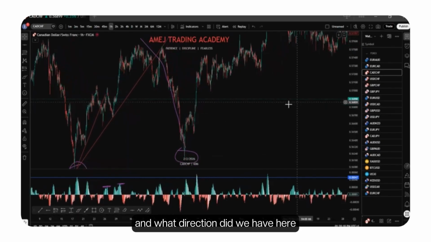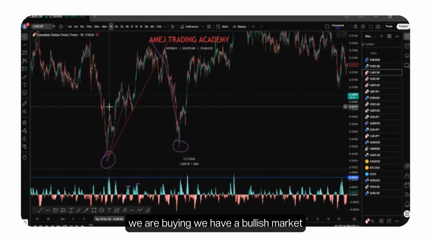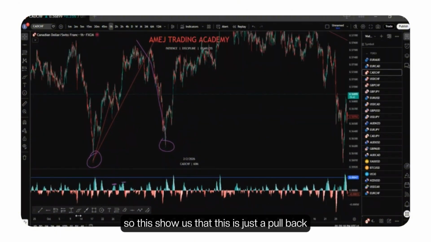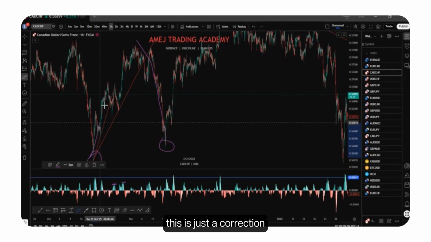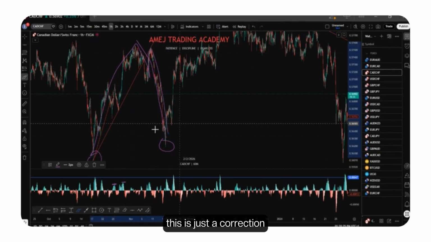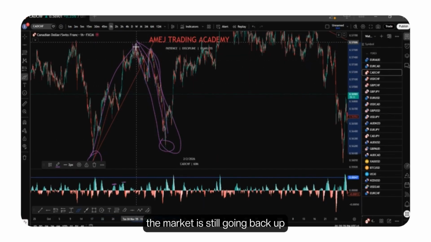And what direction did we have here? We are buying, we have a bullish market. So this shows that this is just a pullback, just a correction. The market is still going back up.